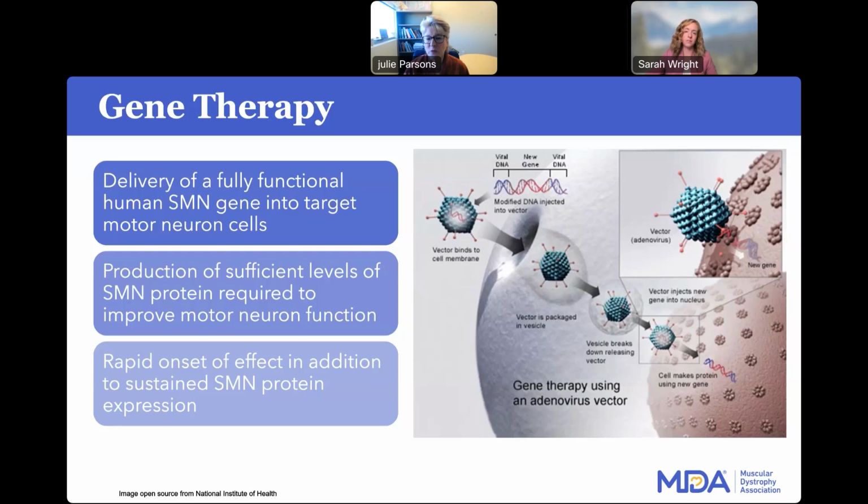And again, motor neuron cells are targeted. So we're not changing any other cells. We're really looking at just specifically the motor neurons. And the idea is that as the transgene is kept in sort of an episome in the nucleus, we will have continued production of viable SMN protein. Next slide.